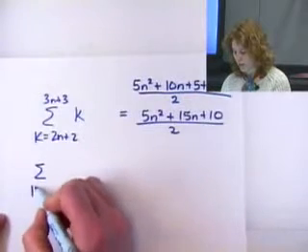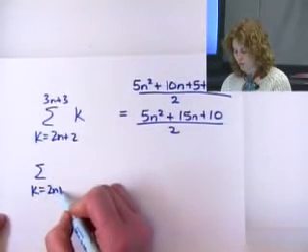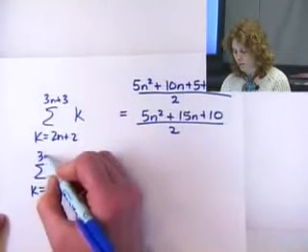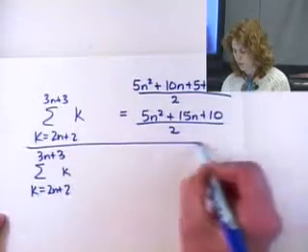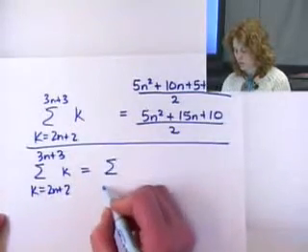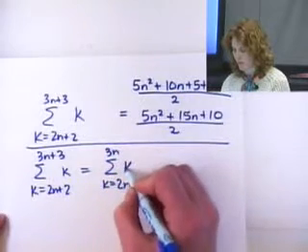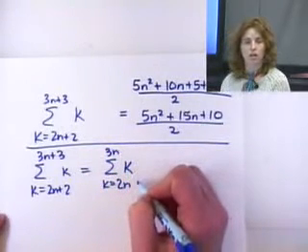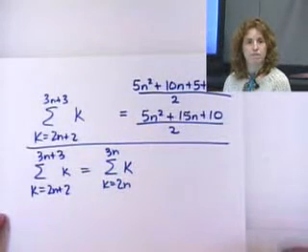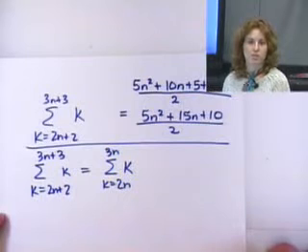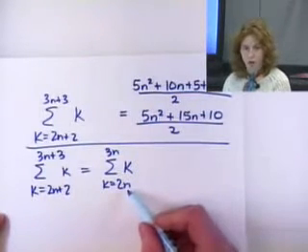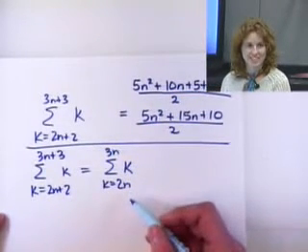So if I have the summation k equals 2n plus 2 of k up to 3n plus 3, and I write it in terms of k equals 2n up to 3n, why am I doing that? Because I have an assumed statement that gives me a formula for this one, so I want to use the formula.